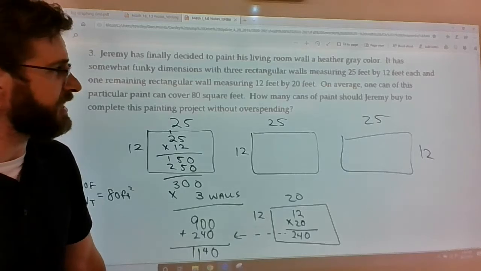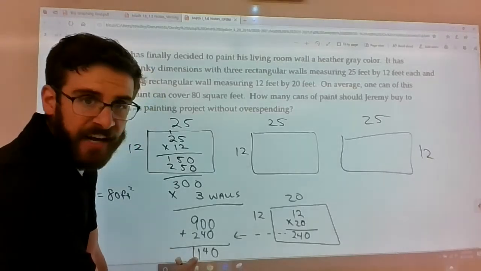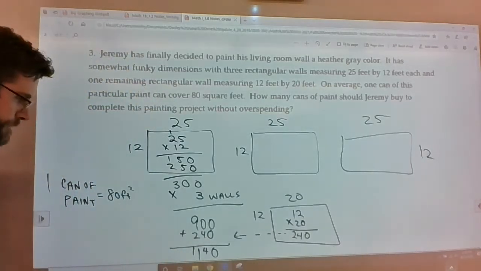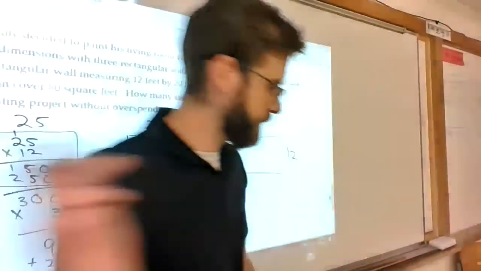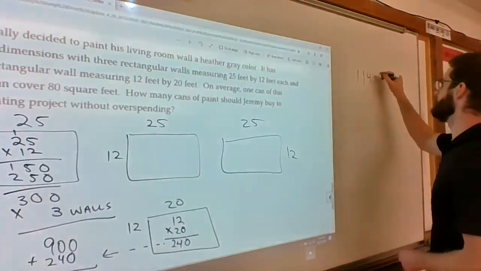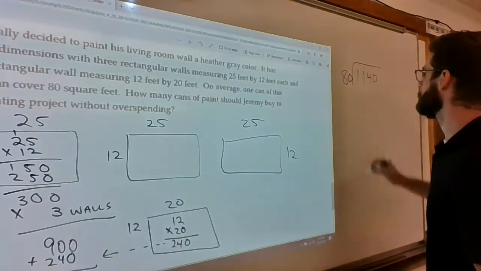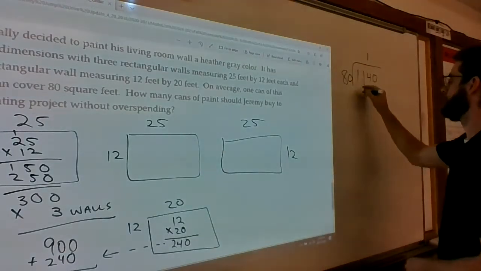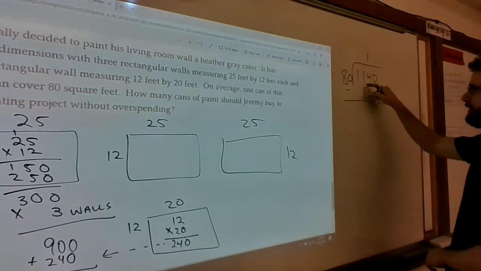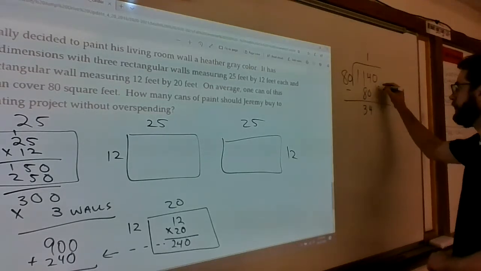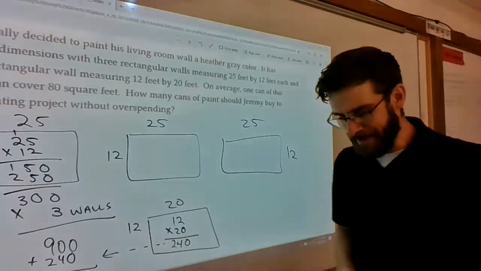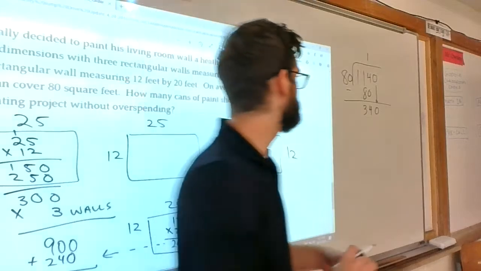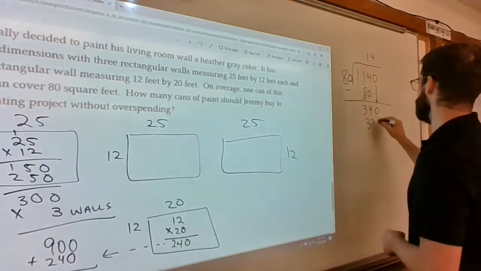So if 1 can only covers 80 square feet, we have to take this and divide it by 80. 80 goes into 114 one time. 114 minus 80 is 34. Drop the 0. 80 is going to go into 340 4 times. You get 320.